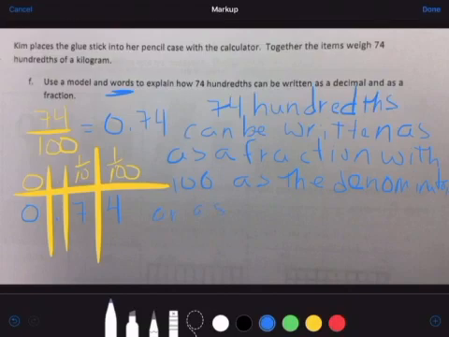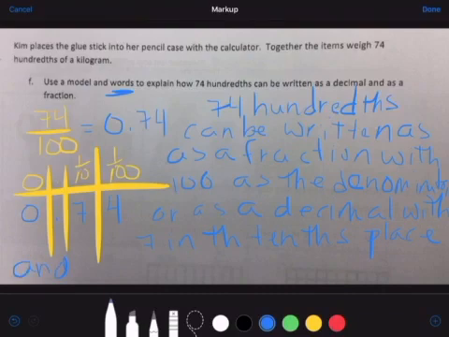Or as a decimal with 7 in the tenths column, or the tenths place, and 4 in the hundredths column. So that's a lot to remember if you're trying to remember to write it.